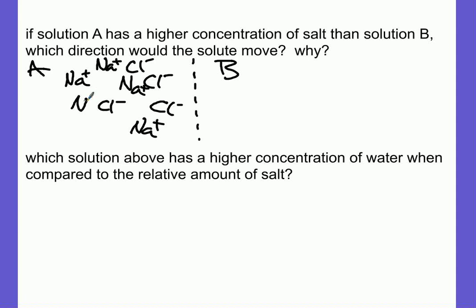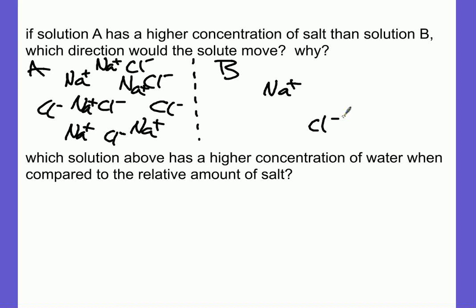Doesn't really matter how I put these in. I'm just trying to do it randomly. So lots of little ions floating around. It's very concentrated. Whereas solution B has a very low concentration. There's one sodium ion and there's one chloride ion. That's it.